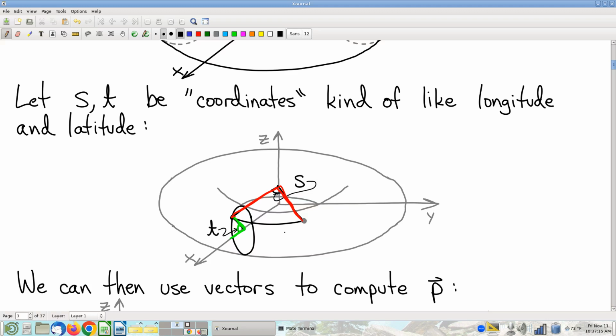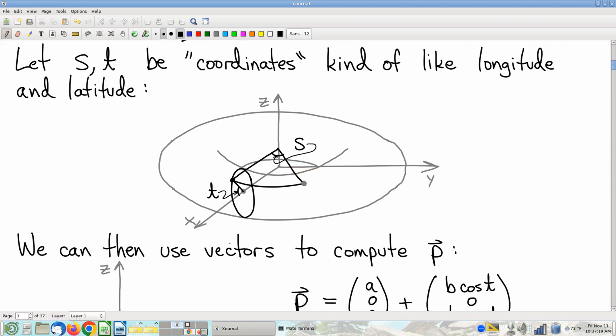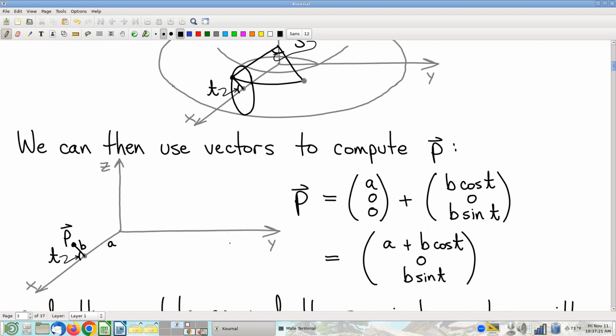Okay, so with that done, now we can start writing stuff down. Again, we're going to be using other tools to do this, but let's first talk about this point here. To keep my picture simple, I'm going to redraw it over here. How would I describe where that point is?